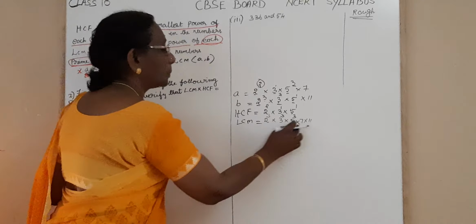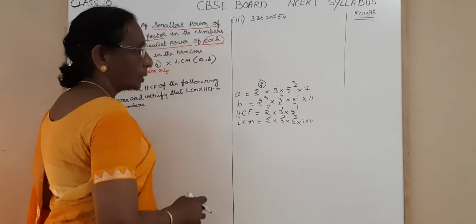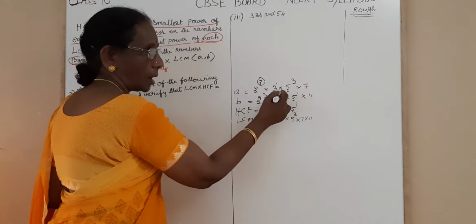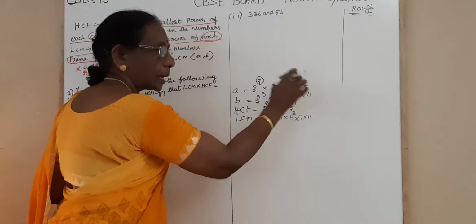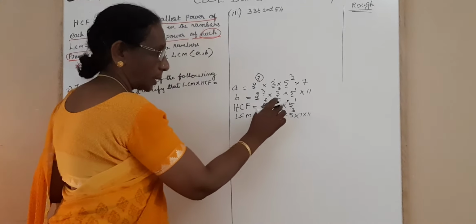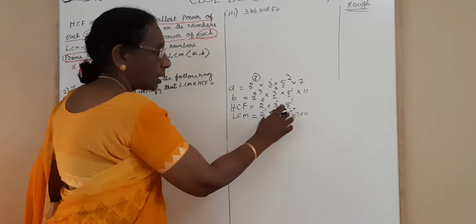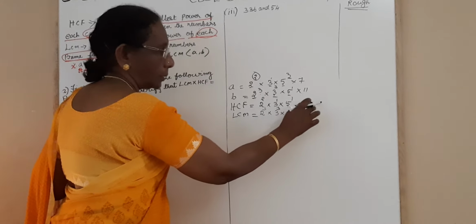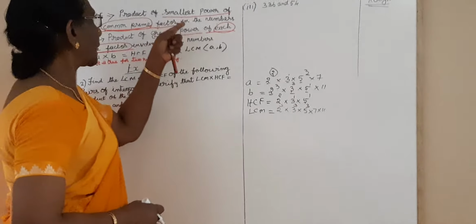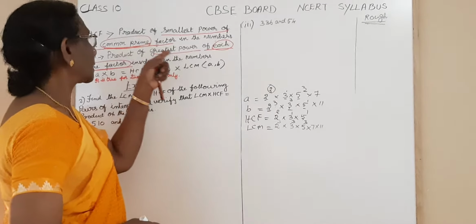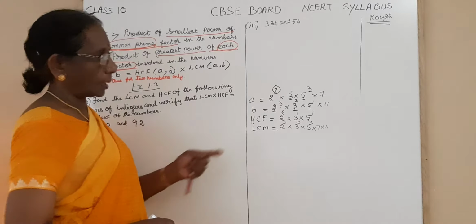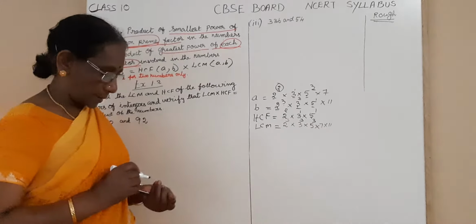Okay, so we are taking the product of these. Here HCF is the product of the smallest power of common prime factors. Here LCM is the product of greatest power of each prime factor. Have you understood? So only you have to write what? Smallest common prime for HCF. You have to keep in mind greatest power of each prime factor for LCM, and then you multiply and write the answer.